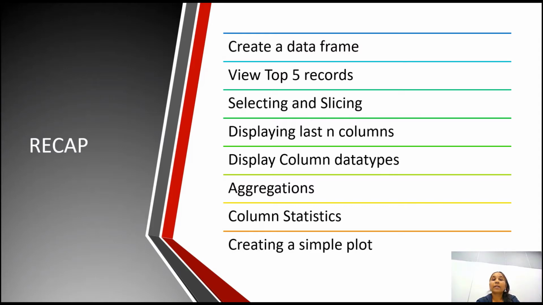We have covered that, and then also displaying last 10 columns by using the -2, and displaying column data types, and also aggregations. We have covered sum, mean, and mean functions, and also column statistics, and finally we have created a simple plot.